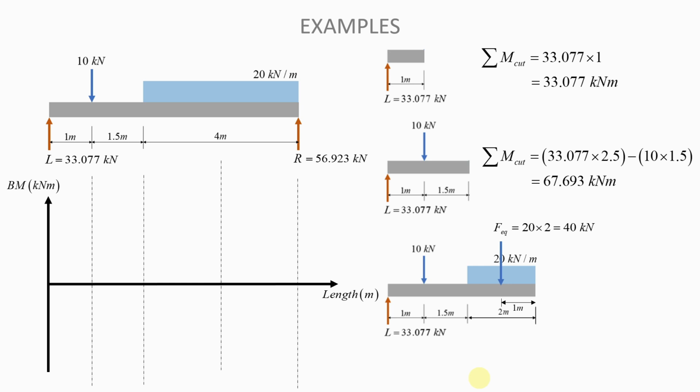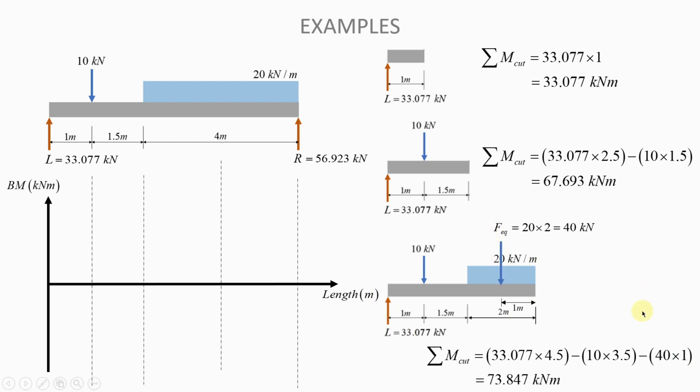So the sum of moments at the cut, therefore, will be given by this. And as you can see, the clockwise moment that we have is from L, which is positive, but the moment due to the 10 kilonewton force will be a negative moment, and the moment due to this equivalent force to the distributed load also will be a negative moment because it is anti-clockwise.